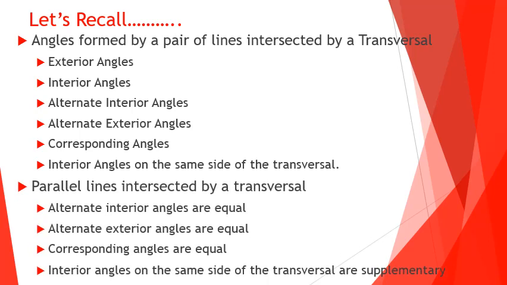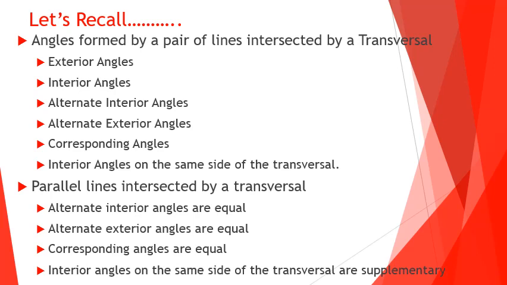Next, if the transversal is intersecting parallel lines, then what is special about these angles? If the lines are parallel, then also 8 angles will be formed. The same 8 angles we learnt earlier will be formed here, and some special properties are there in the angles.